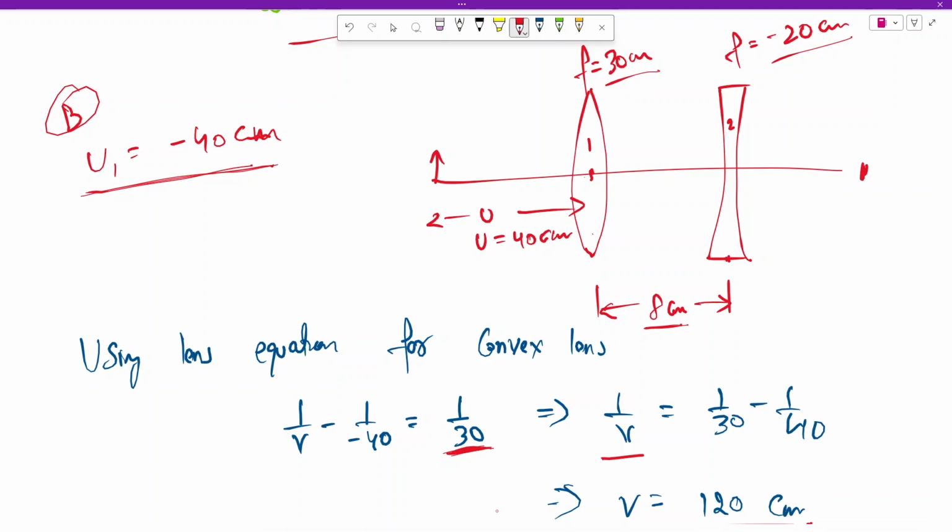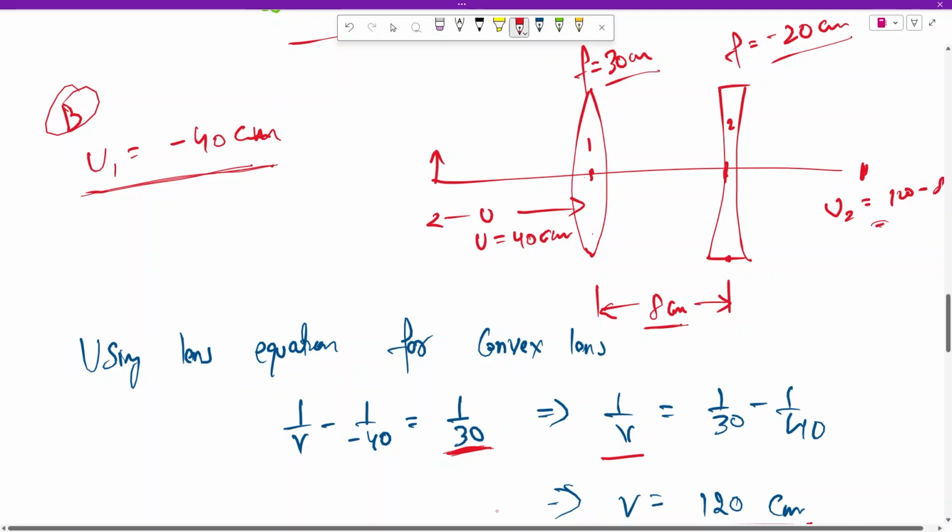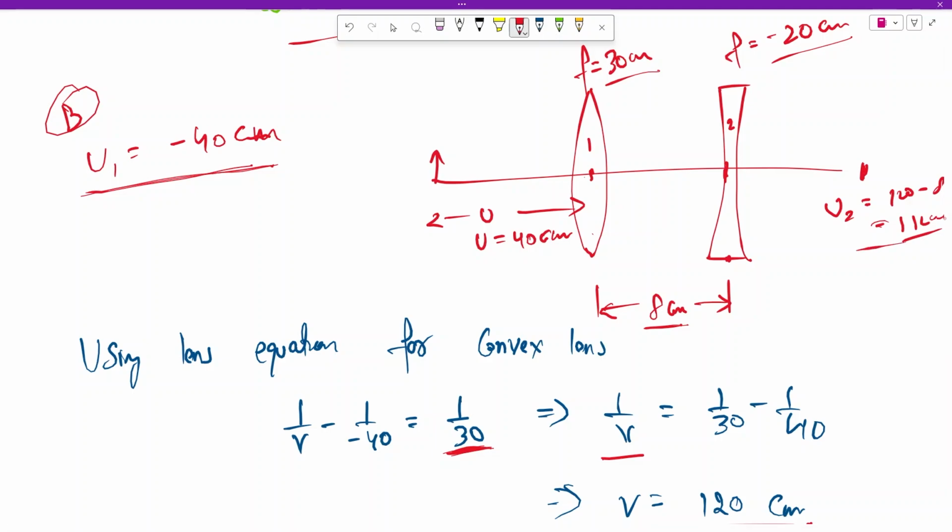So we can find the object distance for this concave lens. u2 would be equal to this 120 centimeter minus this distance of 8 centimeter, and that will come out to be 112 centimeter. Since this is on the right hand side of the concave lens, it is going to be positive, so u2 is plus 112 centimeter.